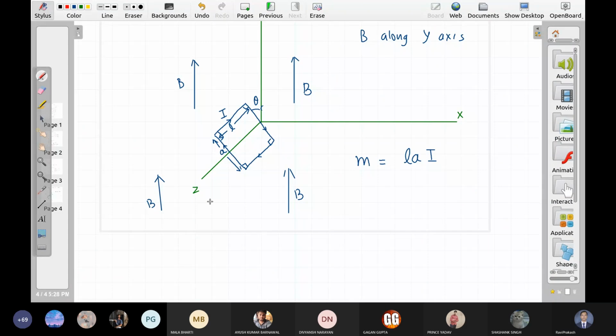Direction? Let me redraw it so that I can draw the direction also. Just 1 minute. Minus x cap, minus z cap. Yes, y cap. Let me avoid the minus sign because that will confuse you more. So let me get rid of the minus sign first.